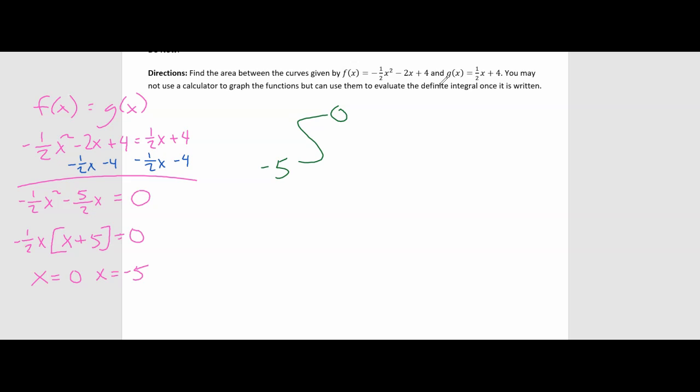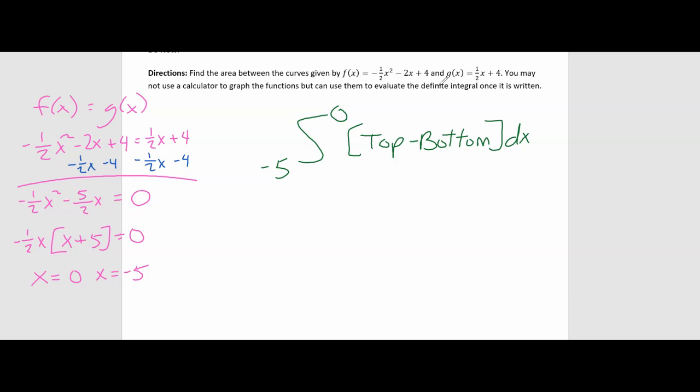Now, we know that I'm going to be doing top minus bottom dx. I just need to figure out whether it's f of x minus g of x or g of x minus f of x. Well, how can I figure out which one has a higher y value along that interval? I'm just going to choose an x value in that interval, substitute it in, and see which function gives me the larger y value.